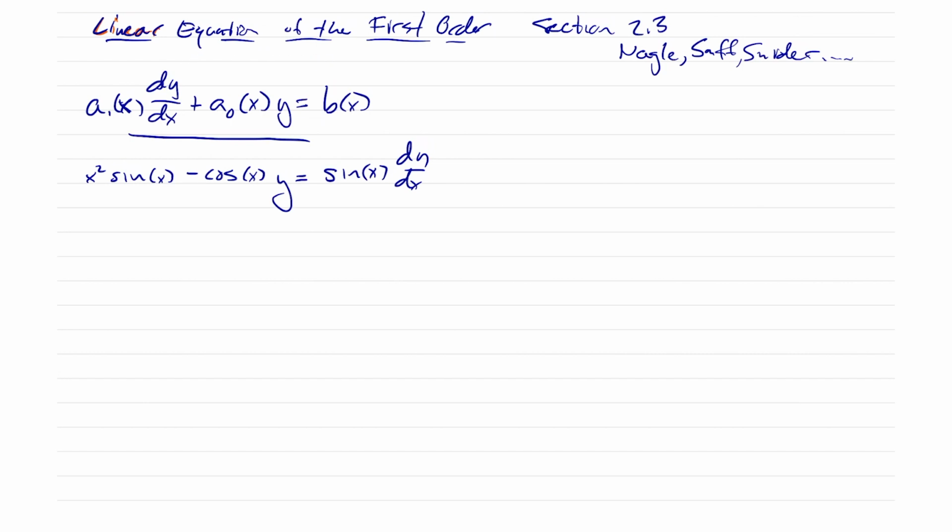If I just move this around over here, then what do I get? I get sine of x times dy dx plus cosine of x times y is equal to x squared sine of x. So in this case, sine of x plays a1 and cosine of x plays a naught. And here, this is b.